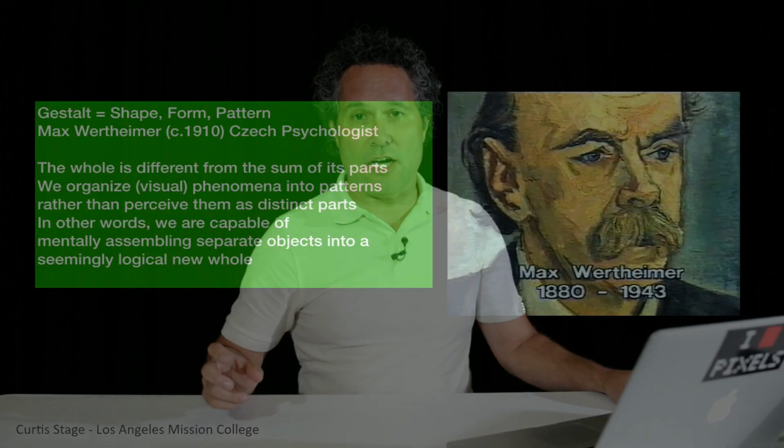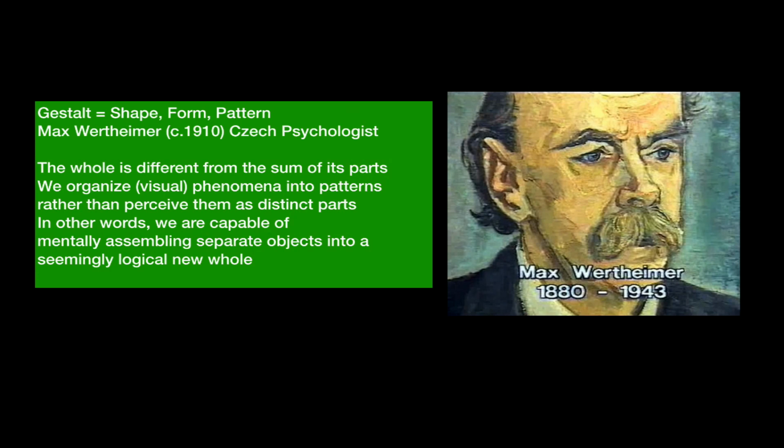And this was started by a few people. The first person to really start it, Max Wertheimer, was a Czech psychologist. In 1910, he started coming up with these ideas of Gestalt theory. He was thinking about shape, pattern, and form, and about the whole being different from the sum of its parts.